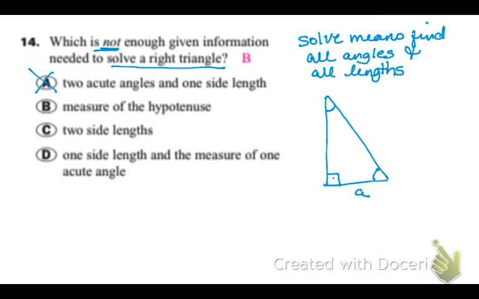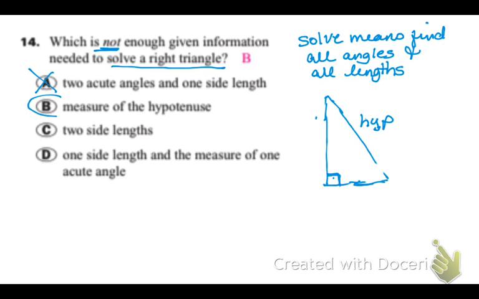So what if you only knew the measure of the hypotenuse? Okay, that's not much information. Sure enough, there's no way you could find the angles, because all you know is that this angle down here is 45. There's no way you can calculate the others. You don't know the sides, but you do know the hypotenuse, and that's not going to help you find the other two.